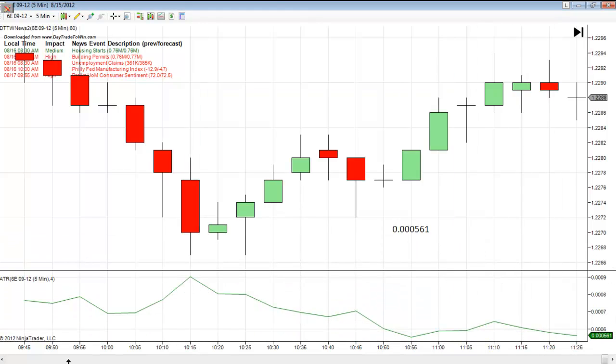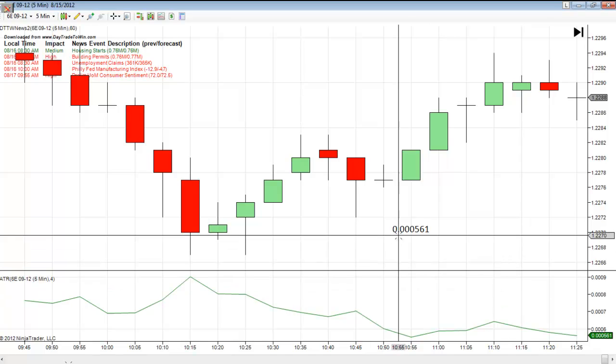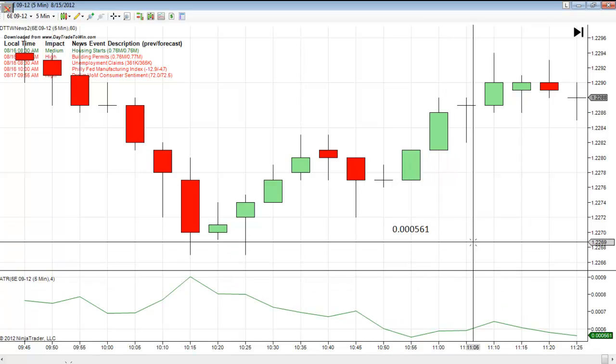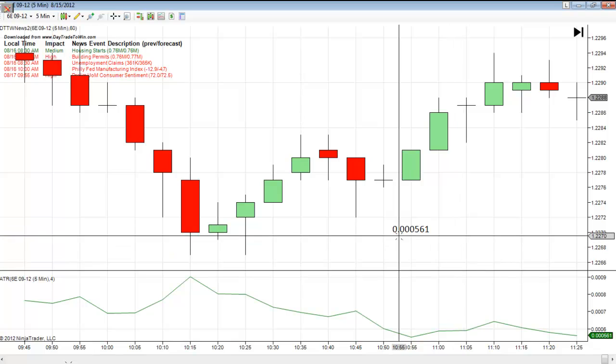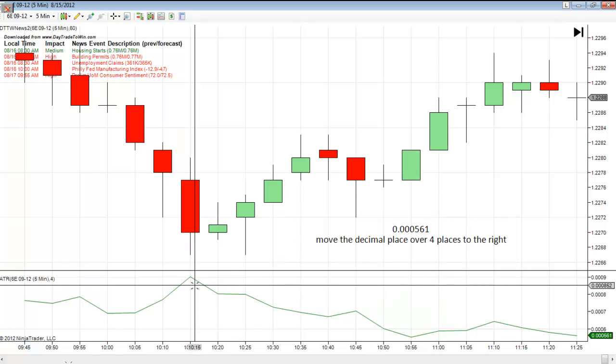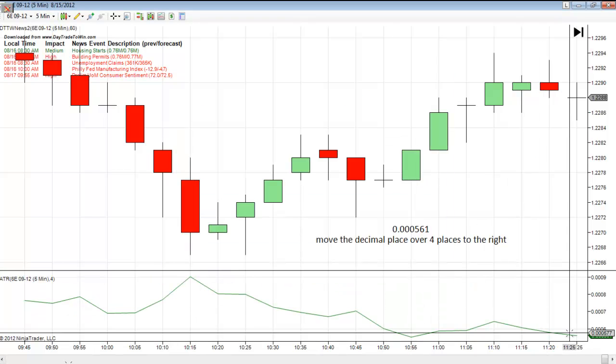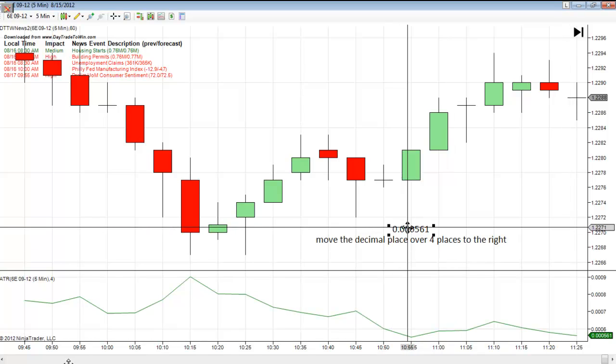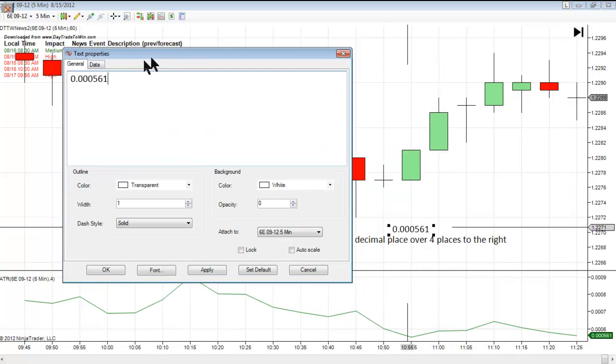Well, when you have a tick increment, you move the decimal place over 4 places to the right. And that tells you how many ticks you should be trading, or what the current conditions are. So that's actually the equivalent of 5 ticks.